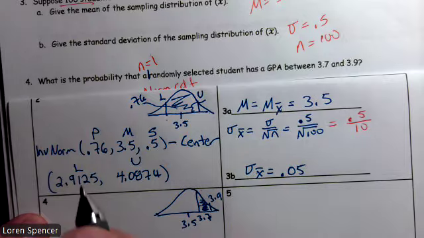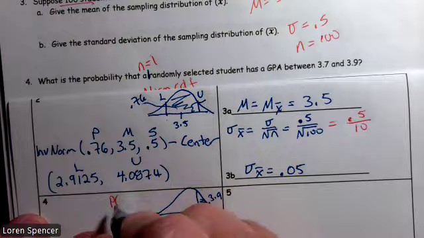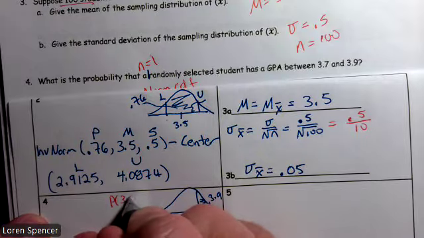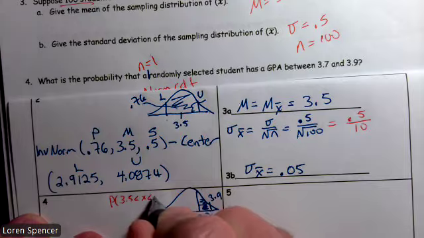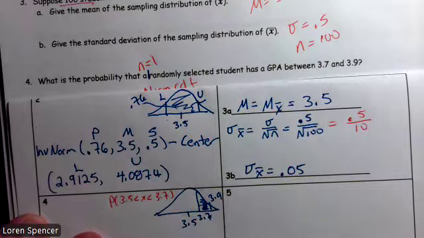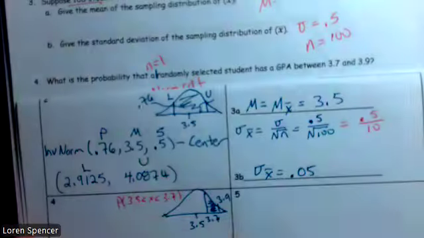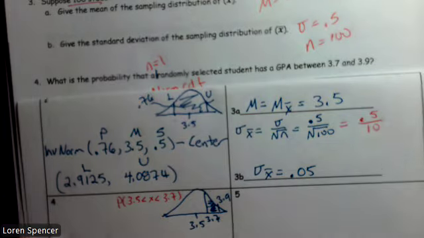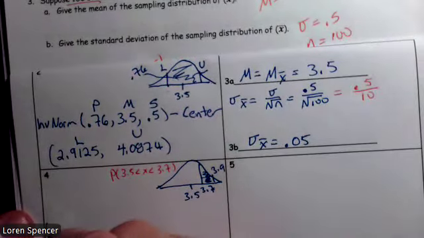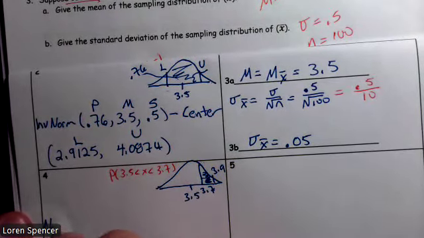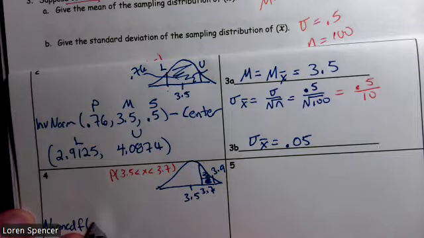My probability statement is the probability that 3.7 is less than X is less than 3.9. If it's in red, I don't have to see it. But what I do have to see is because this is a norm CDF, you're going to have to show me that. So norm CDF. Lower bound is 3.7.